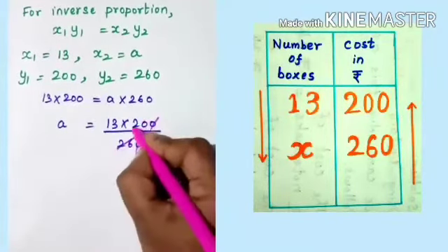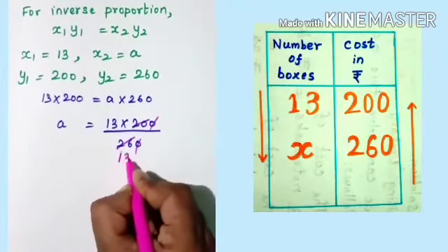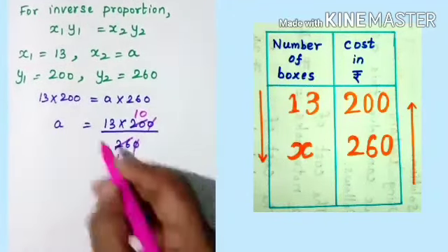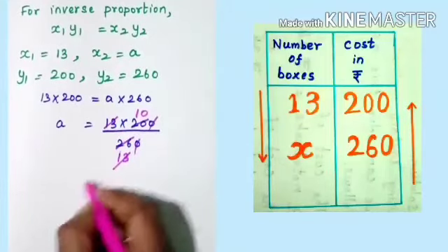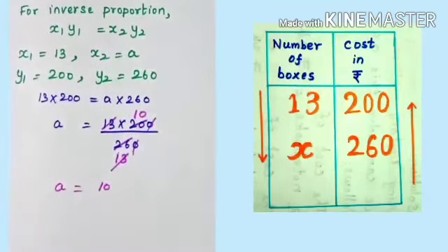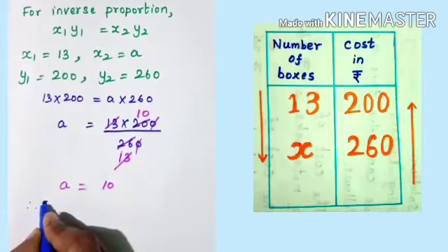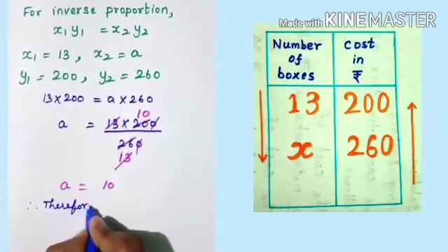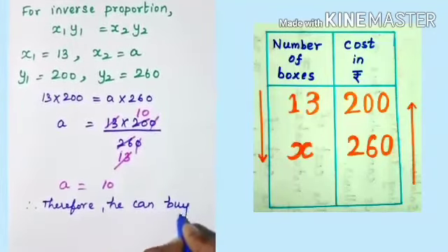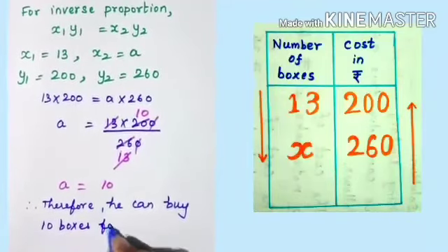And here by using 2 table, in the denominator it is 13 times and in the numerator it is 10 times. Now cancelling 13 and 13. Remaining we get A as 10. Therefore, he can buy 10 boxes for the same amount.